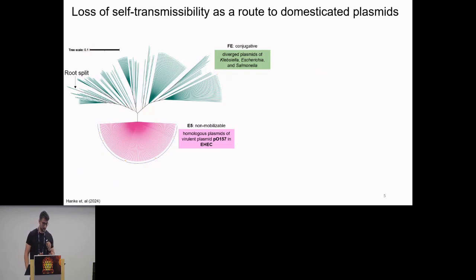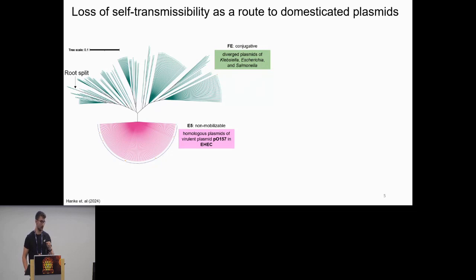So we have been reconstructing the phylogeny of 316 plasmids included in those plasmid clusters FE and E5 based on 10 single copy genes. And you can see here that the phylogenetic branching pattern of the plasmids included in the plasmid cluster FE is much stronger compared to the almost polytomic leaf of the non-mobile plasmids in cluster E5.